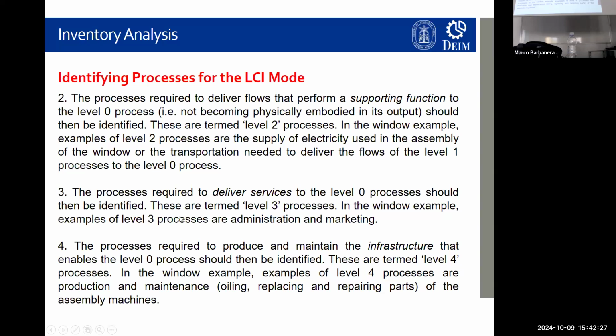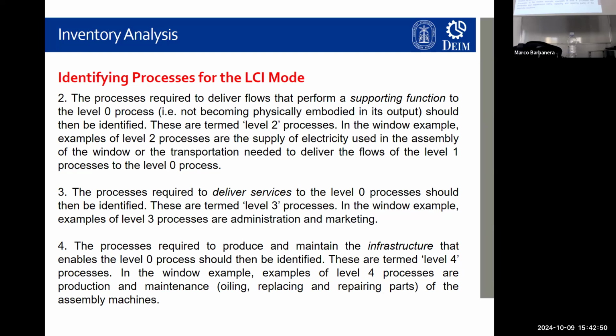In particular, level 3 processes, for example, typical examples are administration and marketing processes. So the electricity consumption of the administrative offices or the marketing offices of the company.